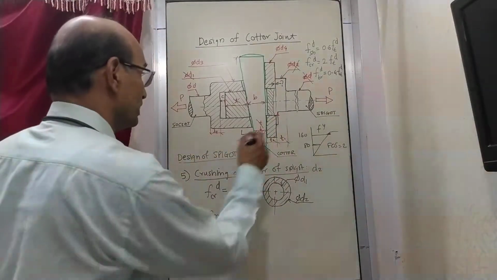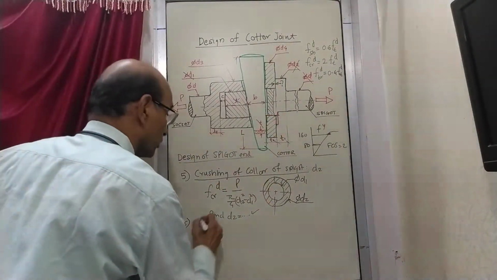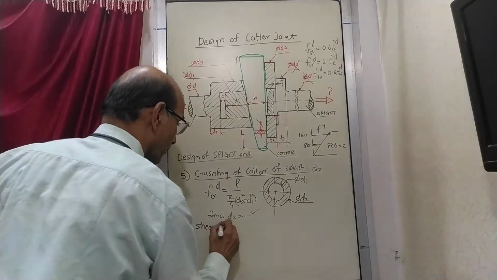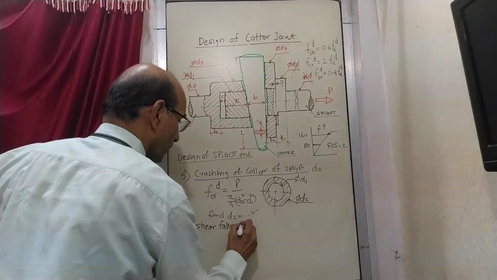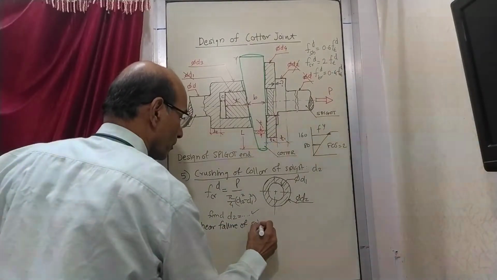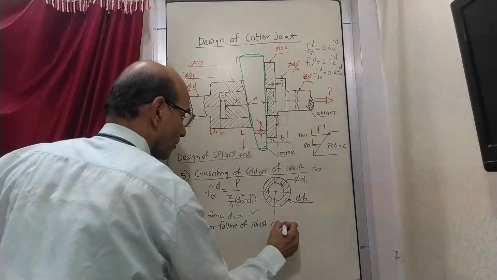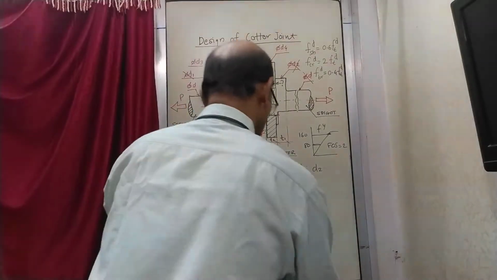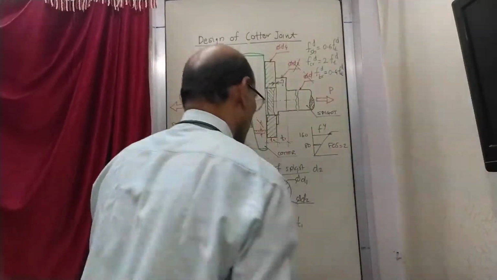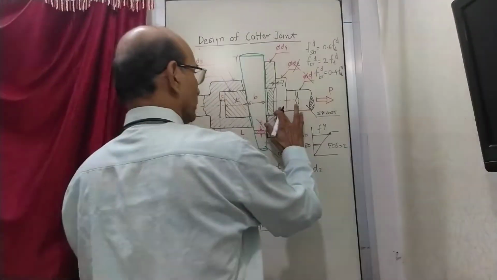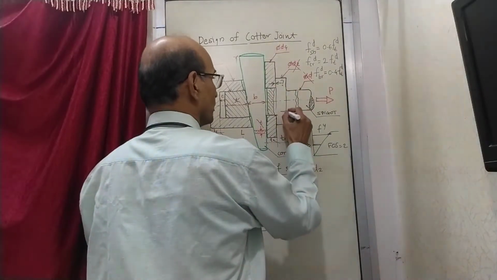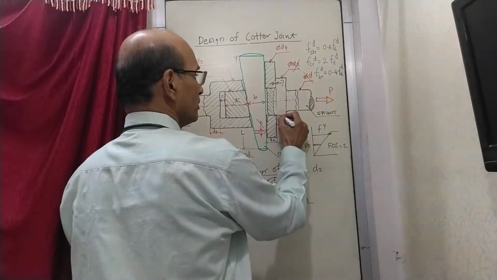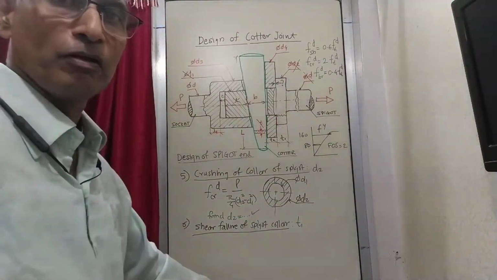Now we write here crushing, or rather, shear failure. This is shear failure of the spigot collar. It is going to give you T1, and its role is to prevent shear failure from here.